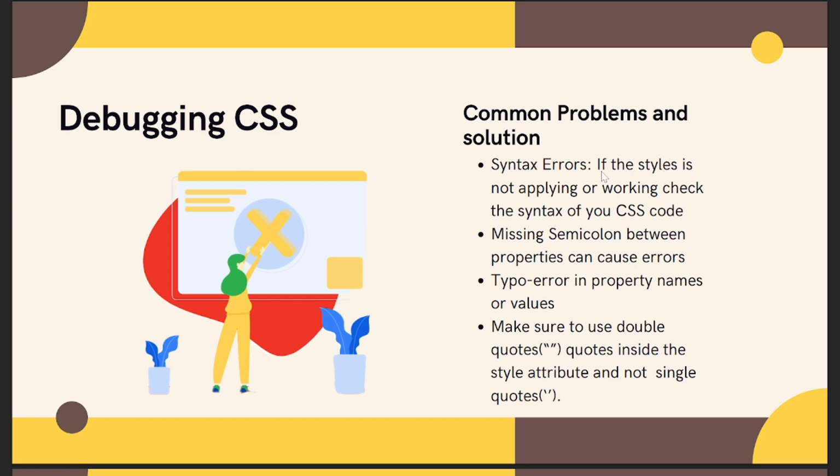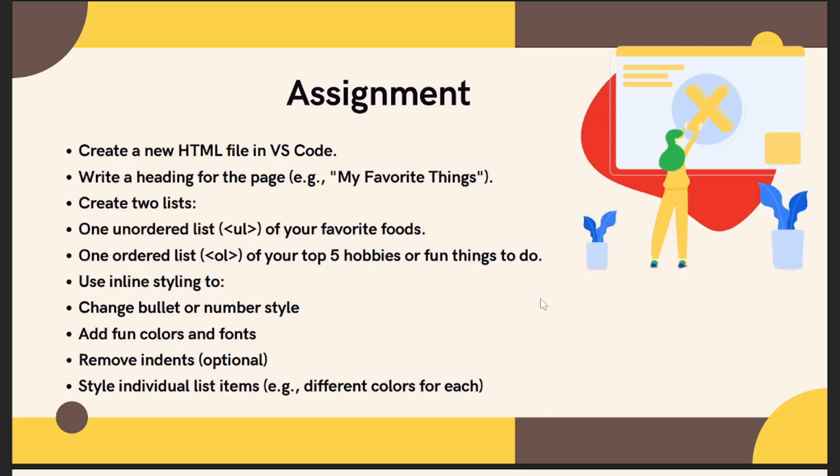If the style is not applying or working, you have to check your CSS code properly. Make sure you're not missing a semicolon between the properties, because it can cause errors. And make sure you use double quotes and have your style properties inside the double quotes.